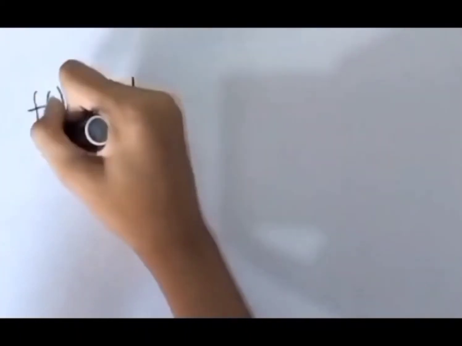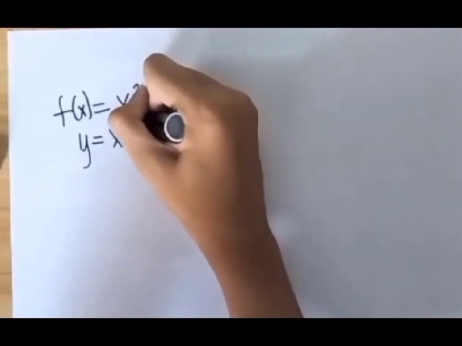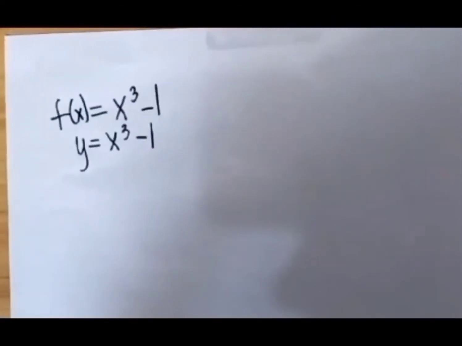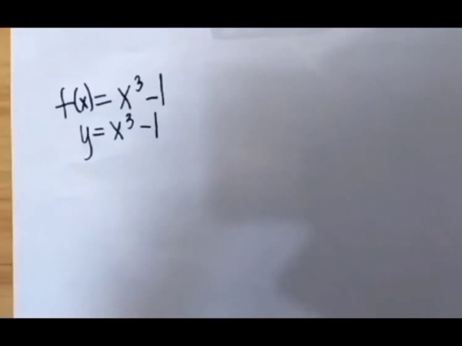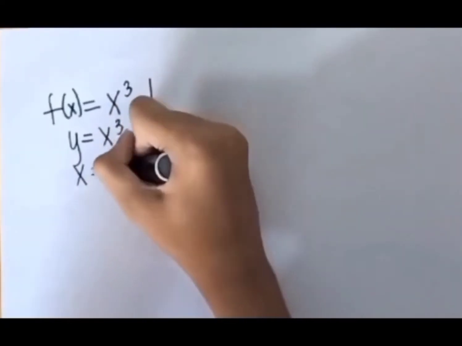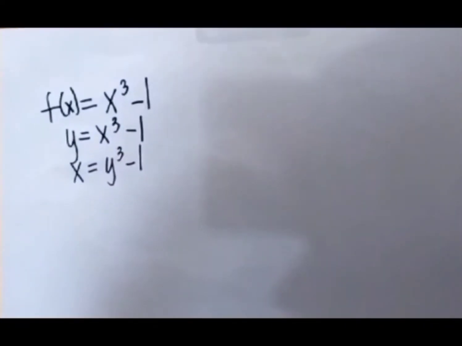So, magiging y equal x cubed minus 1. Now, the next step is to switch. Kaya magiging x equal y cubed minus 1. Finally, solve. Isolate the variable y.